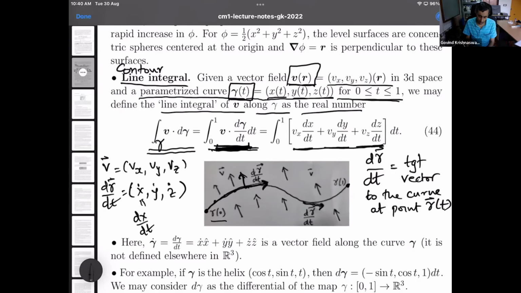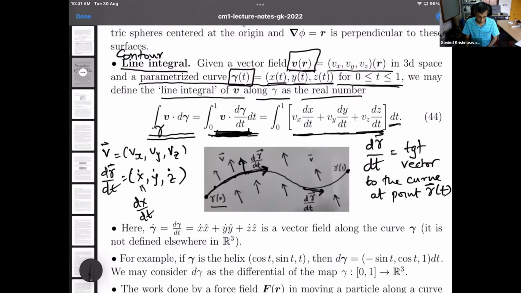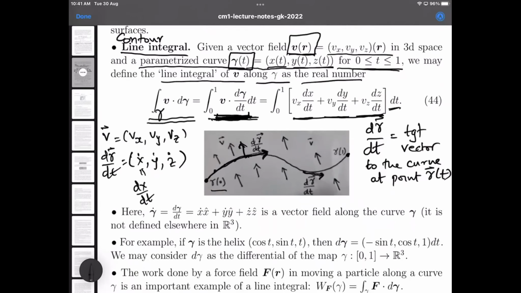Add those three, it gives you some number which depends on time, and integrate over t. I hope the definition is clear. It's really a simple and very natural idea, combining the idea of a vector field, the tangent vector to a curve, and the dot product.